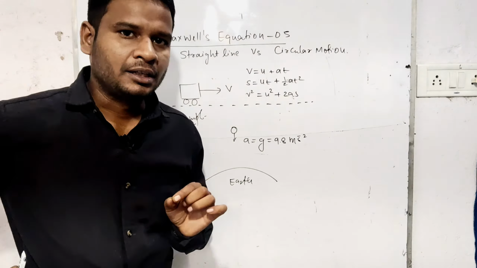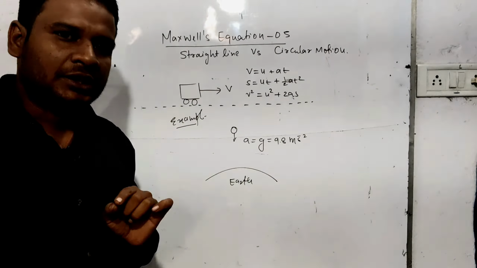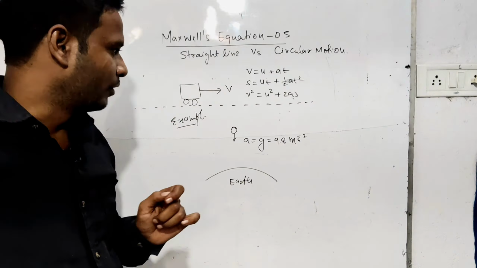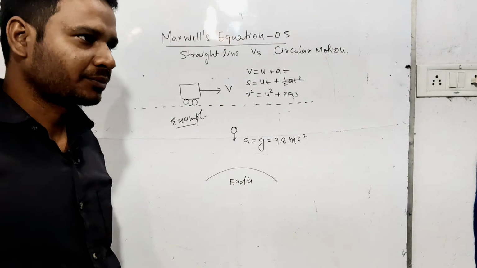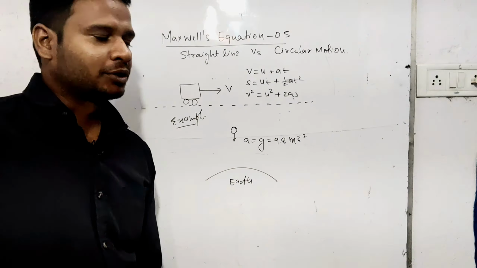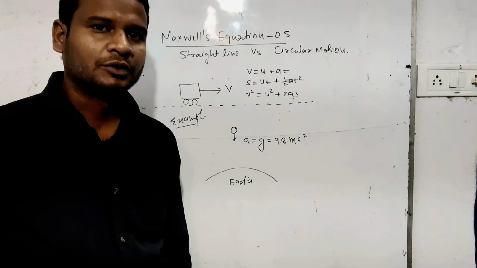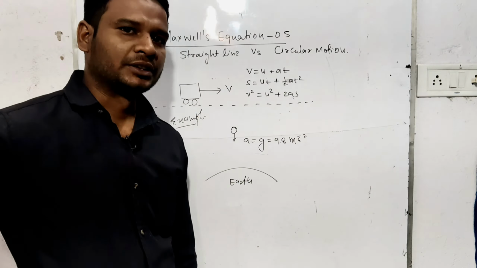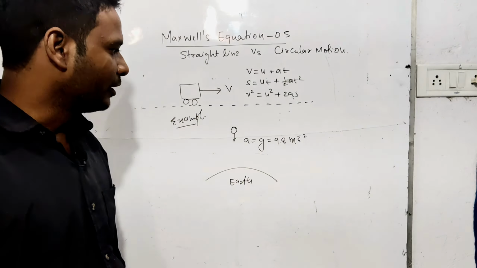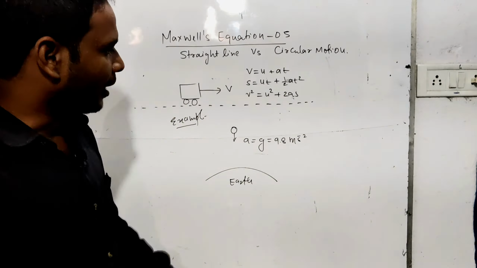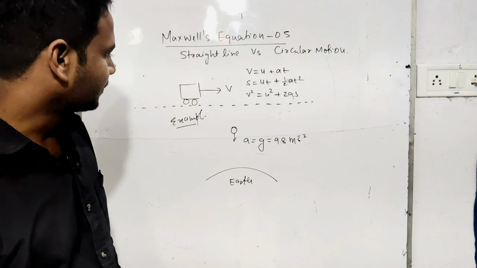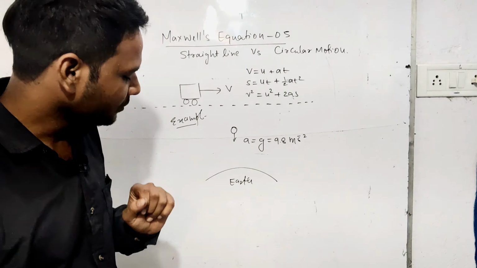That means the velocity increases every second for an object falling towards earth, and similarly when something is pushed up towards the atmosphere, its velocity decreases with every passing second by 9.8 meter per second. So this is an example of gravitational acceleration in straight line motion.